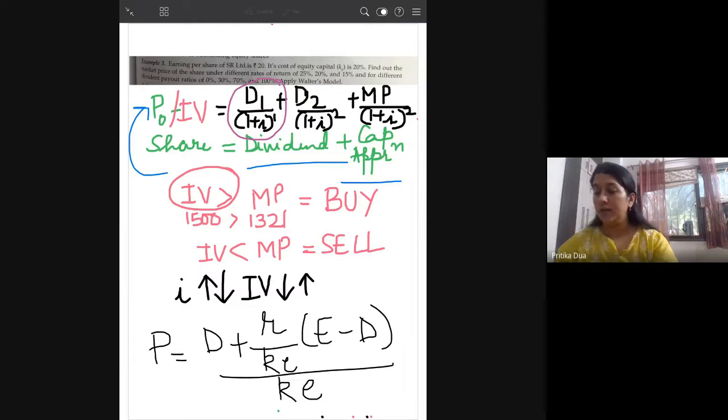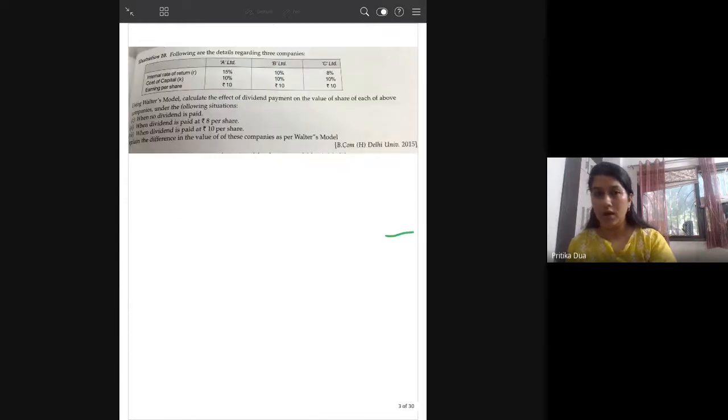We'll take up another question from the Walter model. Let's have a look at the question. In this question, you are given three firms: A Limited, B Limited, and C Limited. Their internal rate of return and cost of capital is given to you. The cost of capital is the same for all three firms at 10%.